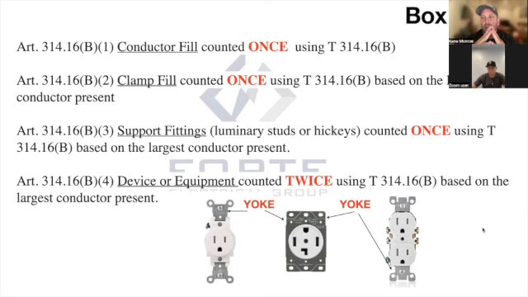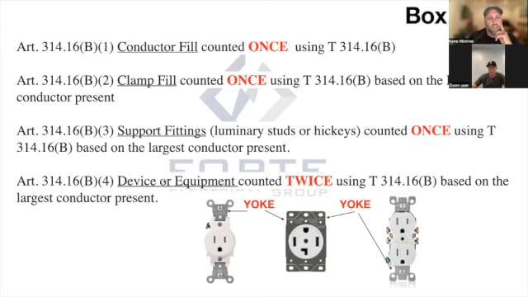So if you had an 18 cubic inch box and you had a 14 in there, that'd be 2. And you had a clamp on it, that'd be 4. And you had a hickey in there, and that'd be 6. And then you had a receptacle, and I'm just throwing things in this box. Of course, it's not all going to really be there.